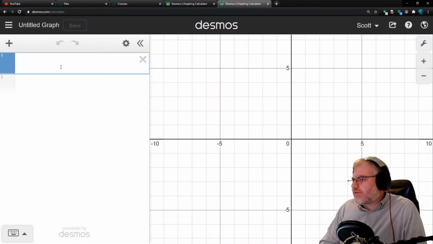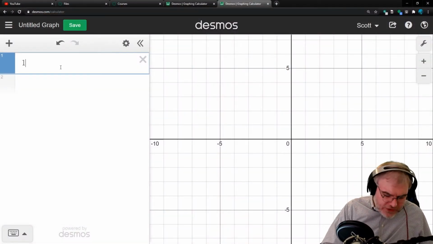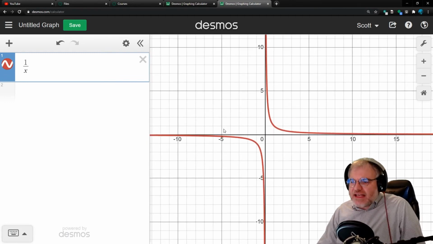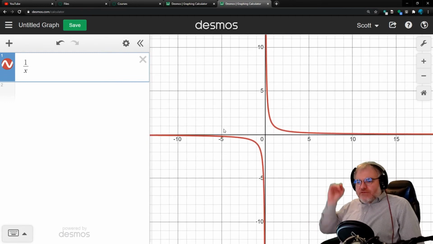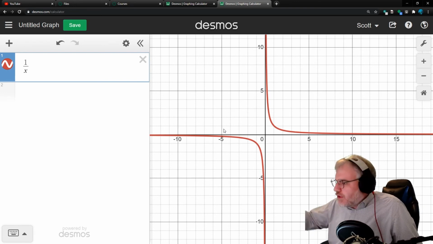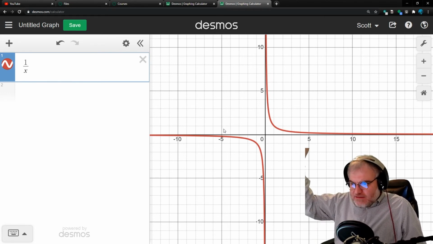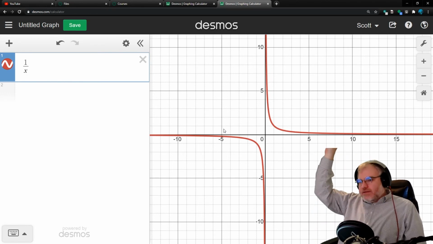So if I take the function 1 over x, what does that look like? It looks like that. If you don't know this function, if someone says 1 over x and you don't immediately see this picture in your brain, I want you to print out this picture and stick it above your bed, right there on the ceiling.